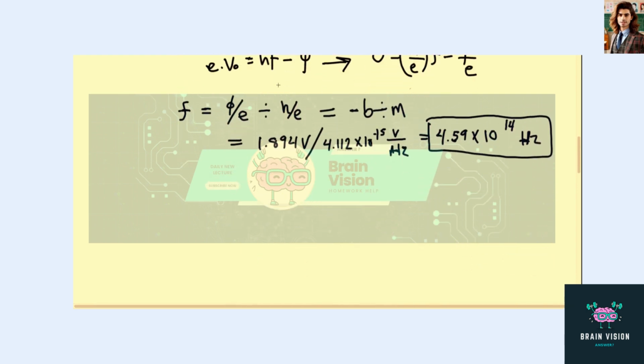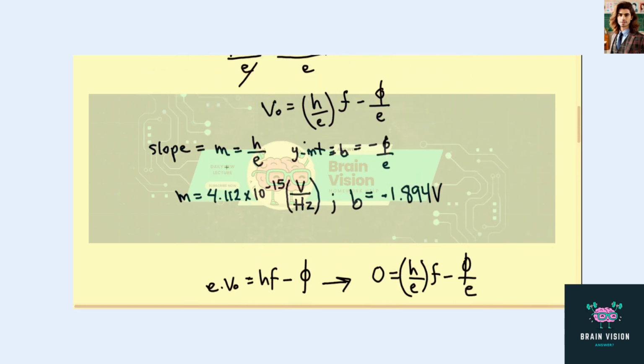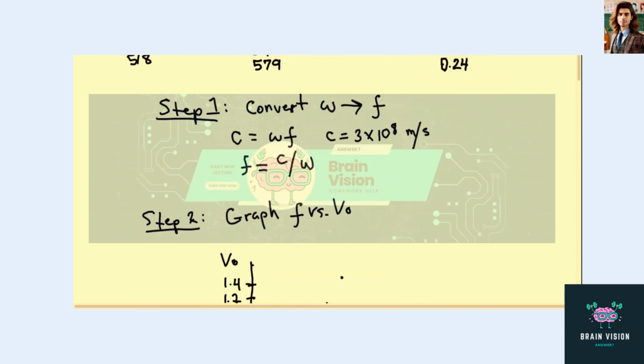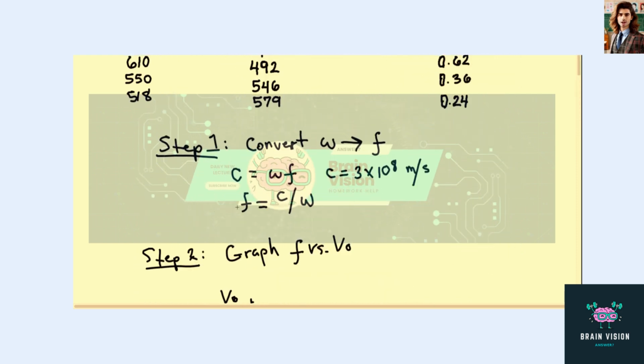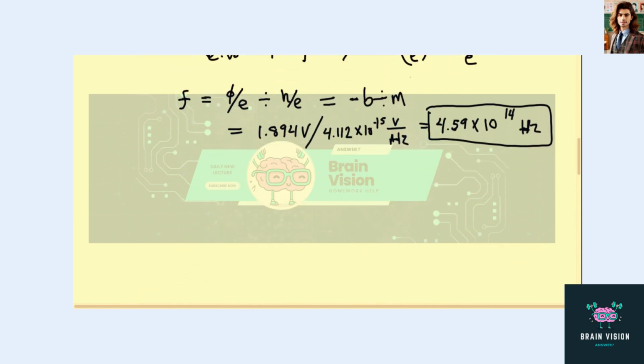Our next question is the threshold wavelength, and we can solve that by using the equation that we used above in step 1, which was c equals λf. I'm not going to write that again. I'll just write it like this. Our threshold frequency, and here I'll label this thresh, just to make it clear that we're doing the threshold.